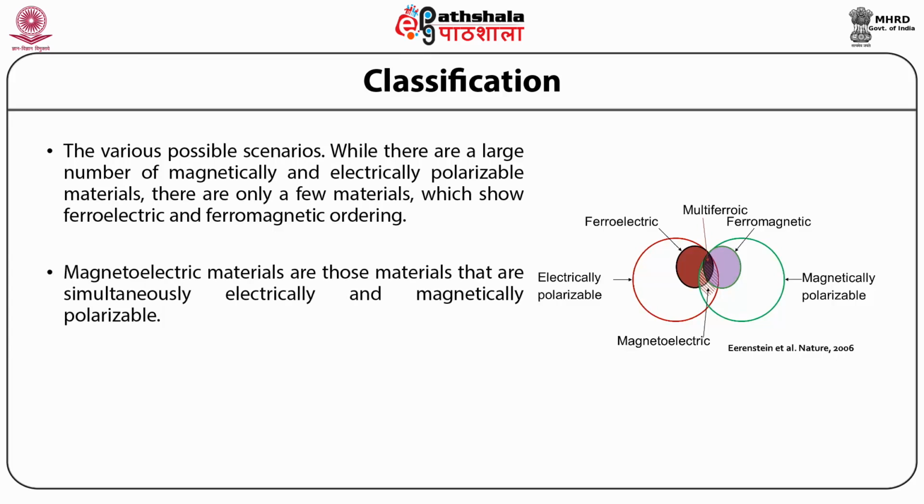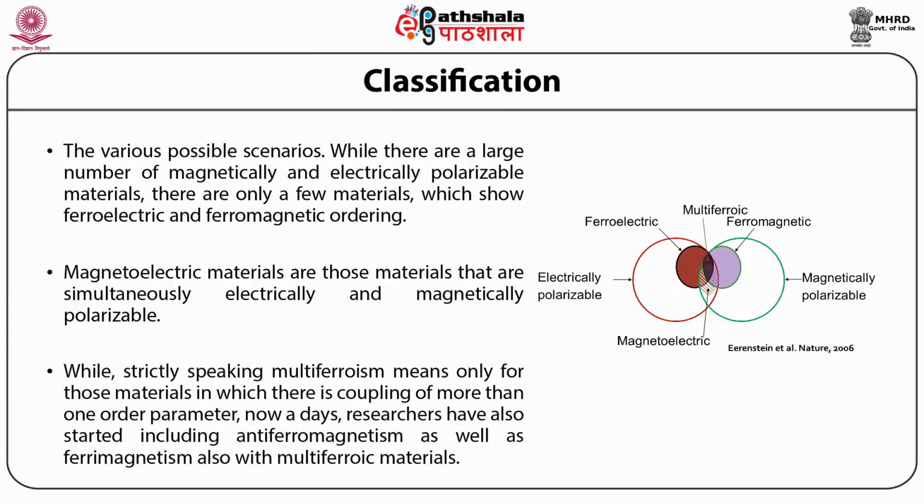Magnetoelectric materials are those materials that are simultaneously electrically and magnetically polarizable, while multiferroic materials are strictly those materials which exhibit the simultaneous presence of ferroelectric and ferromagnetic ordering.